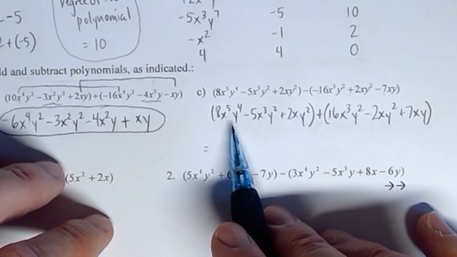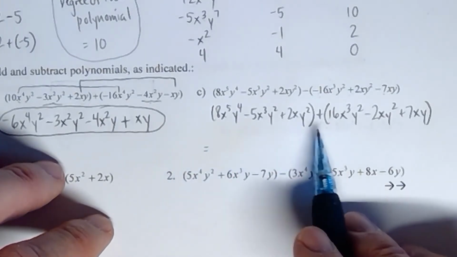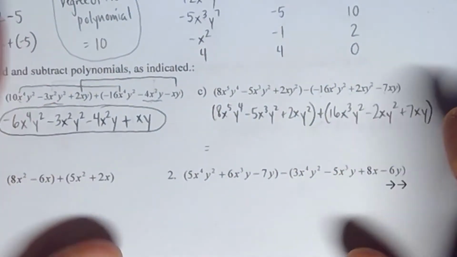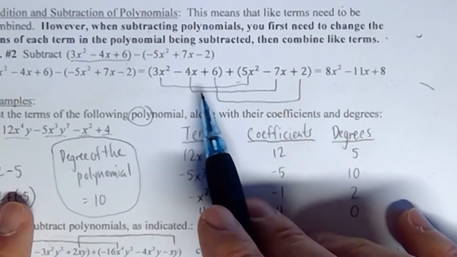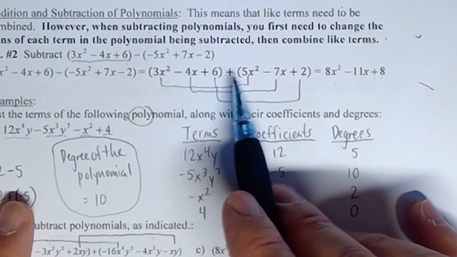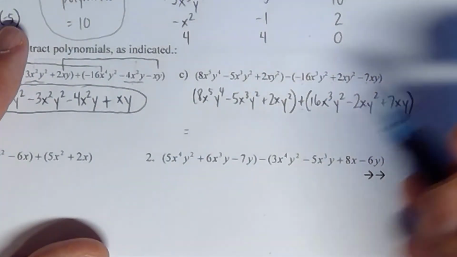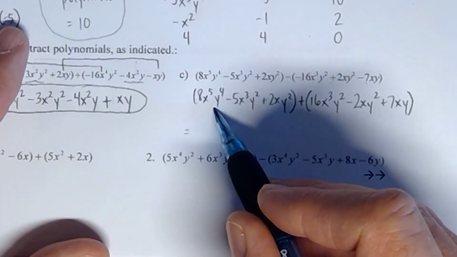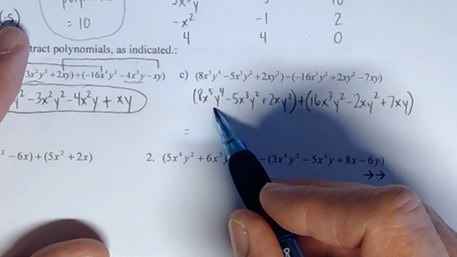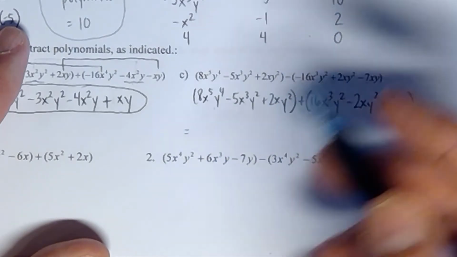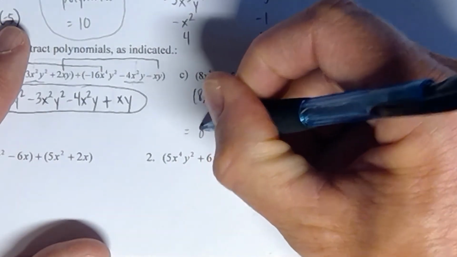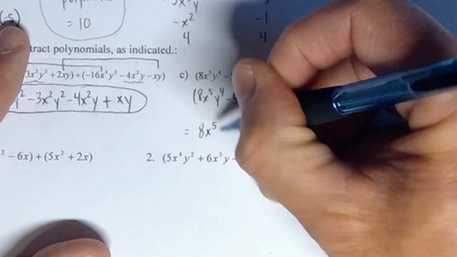So now you combine like terms, because now that it's a bracket plus bracket problem, just like we learned up here, that's what you have to do. Combining like terms, you can see that this term doesn't have a like term partner. There's no x^5 y^4 besides this one. Since that's the highest degree term, I'm going to bring that one down first.